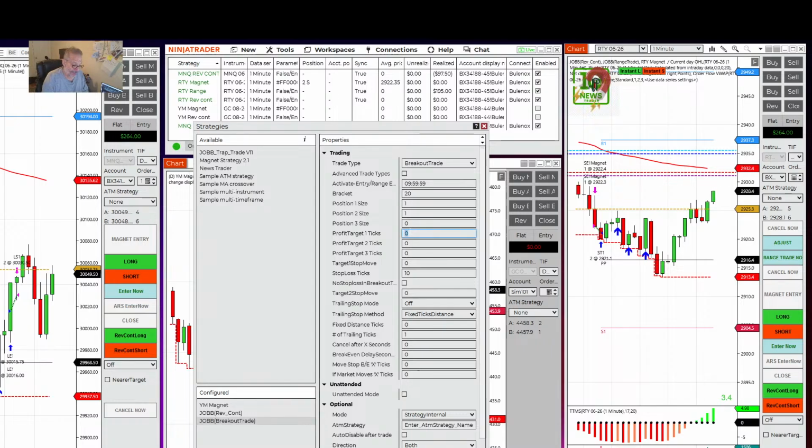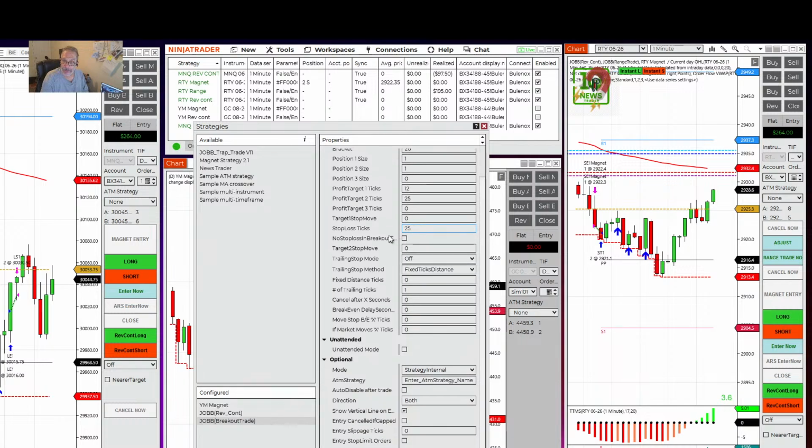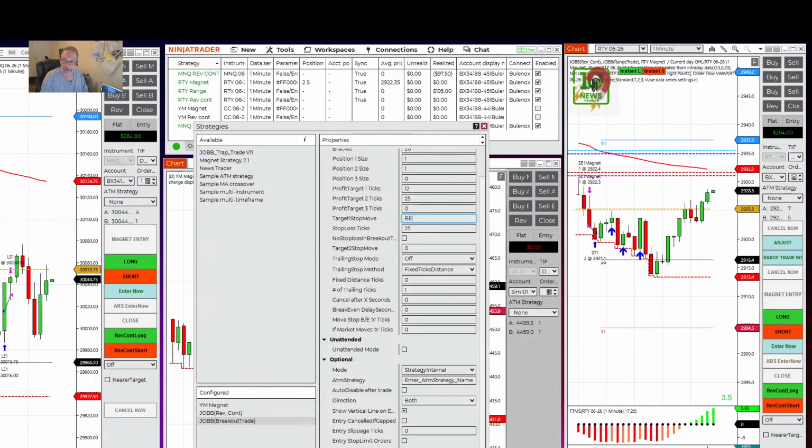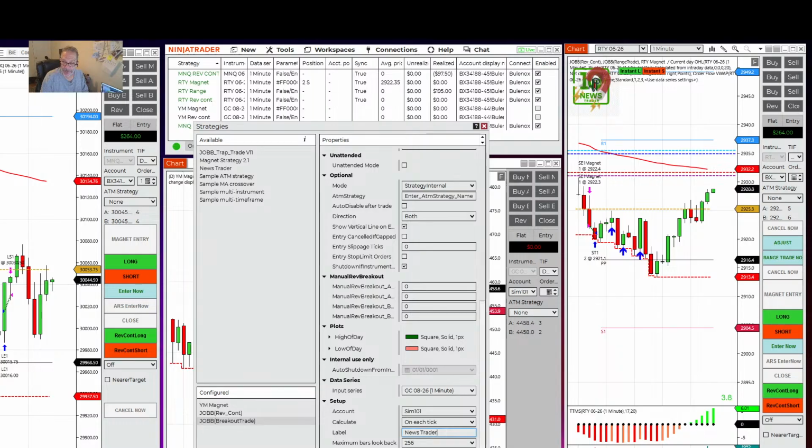Let's say a 12 target, a 25 target, a 25 stop. Target one, stop moves to break even. I'm not going to have time, I don't think, to set up. I'm only simming it. GC breakout. It's on sim.